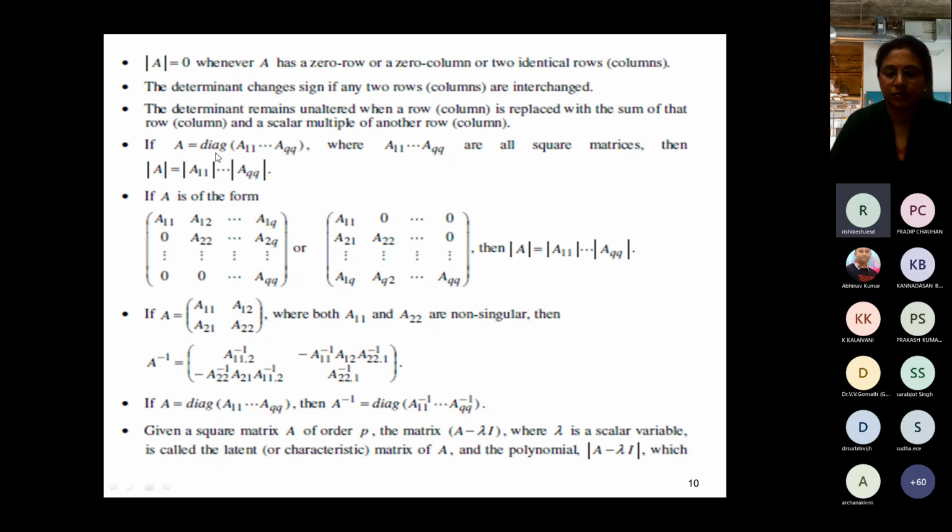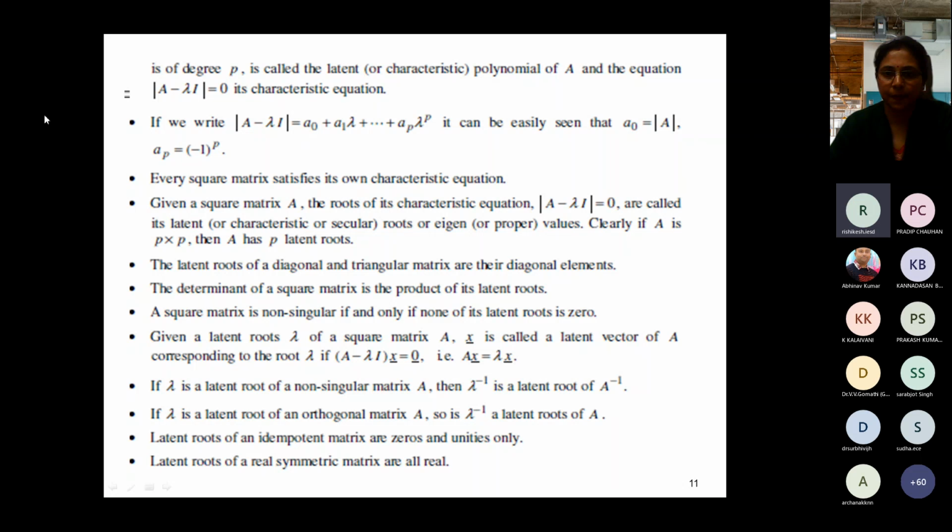If A is diagonal of A11 up to Aqq, where A11, up to Aqq are square matrices, then the determinant of A will be equal to the product of their separate determinants. Now, these are some important properties which are very much required for studying multivariate analysis.